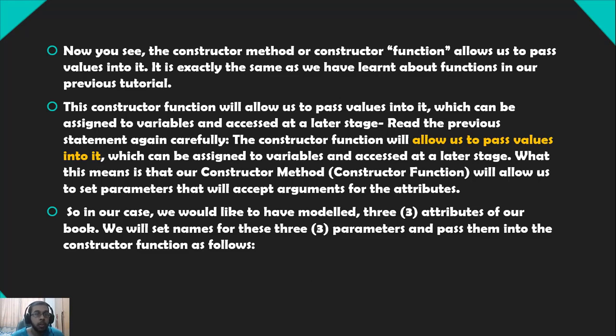So in our case, we would like to have modeled three attributes of our book. We will set names for these three parameters and pass them into the constructor function as follows.